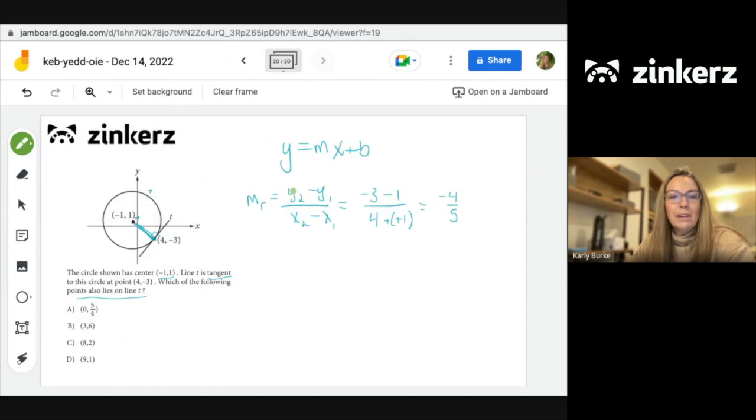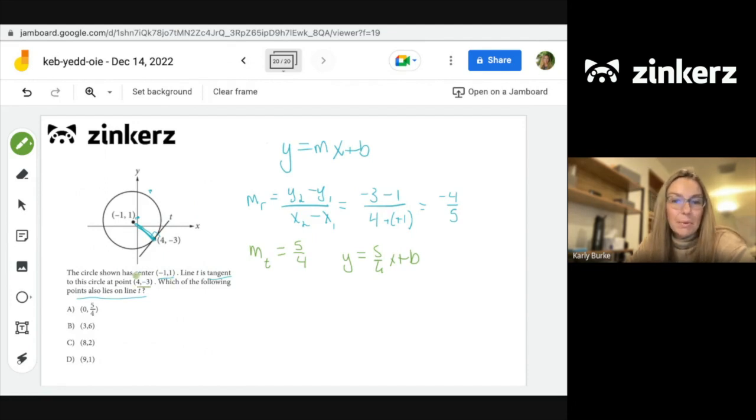So what does that mean about a perpendicular line? What's the slope of line T? Remember, perpendicular lines have slopes that are opposite reciprocals of each other. So the slope of line T is 5/4. Now I know that line T is y equals 5/4 x plus b. What do you have to do next?